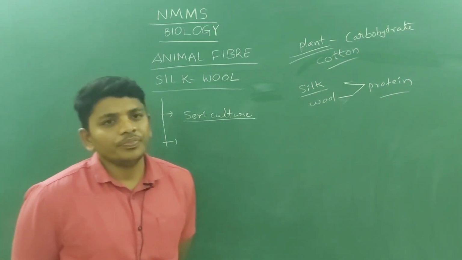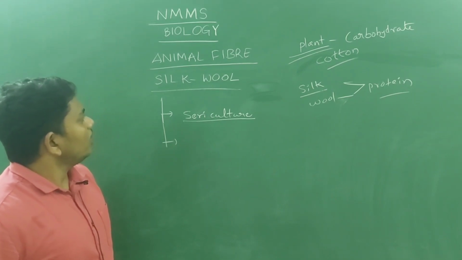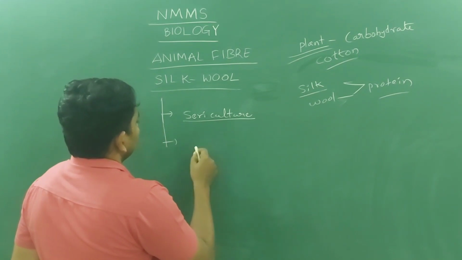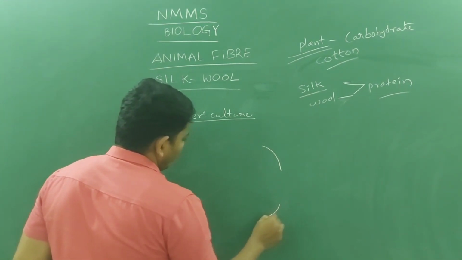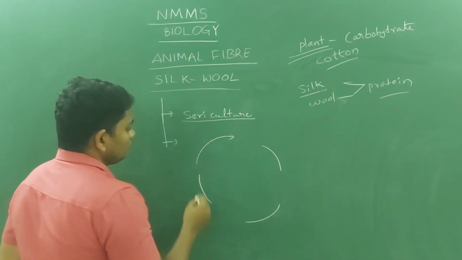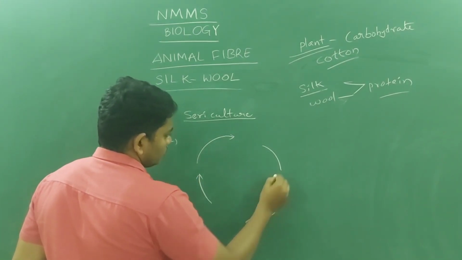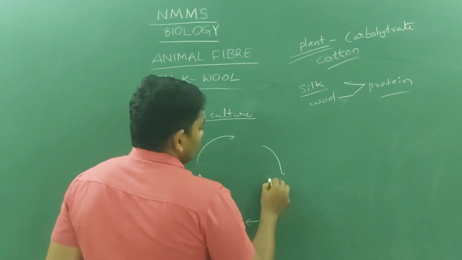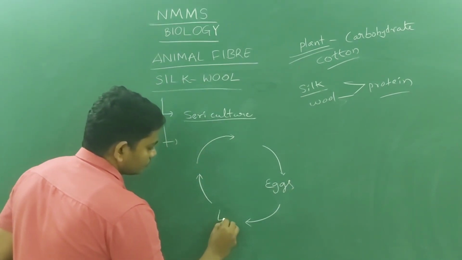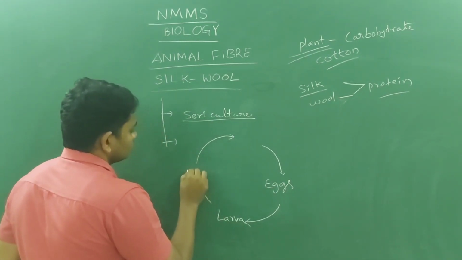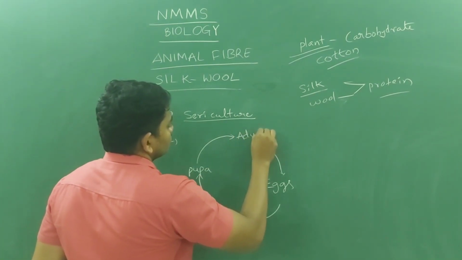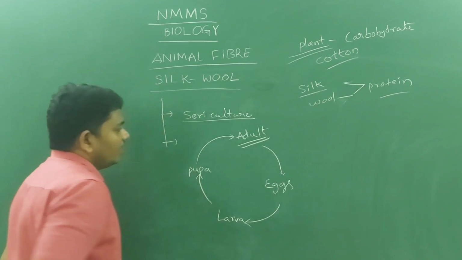Now usually in the life cycle of silk we can see 4 stages. Let us draw one by one. Adult.